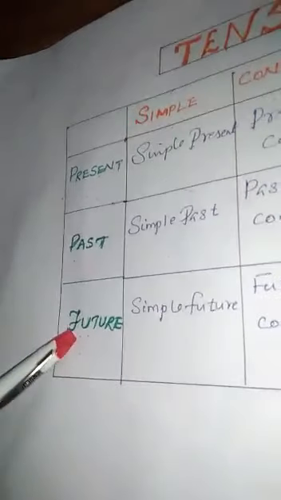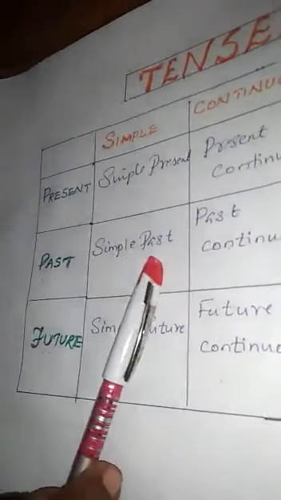Before we enter into the topic, let us see a chart. We have present, past, and future tenses. It has subdivisions also: simple, continuous, perfect, and perfect continuous tense.